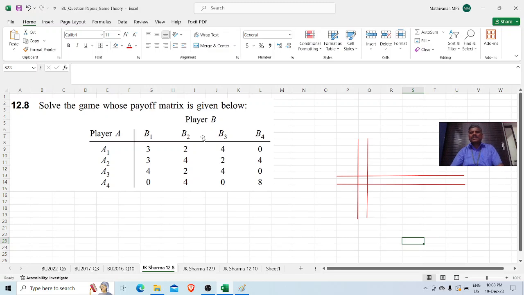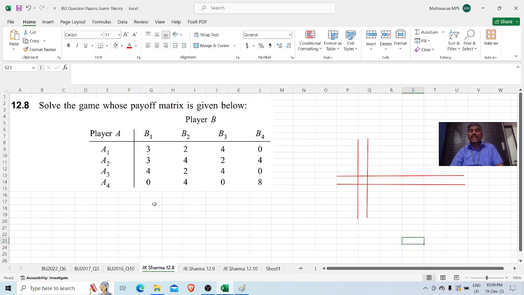We will use the dominance rule now. Look at the payoff matrix. First, we will look from the point of view of player A. When player A is using the first strategy, the gains are 3 points, 2 points, 4 points and 0 points.